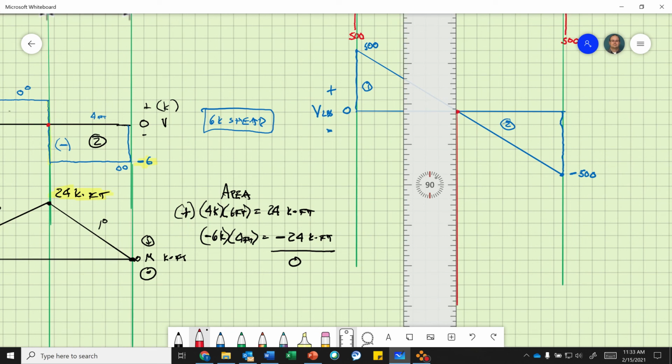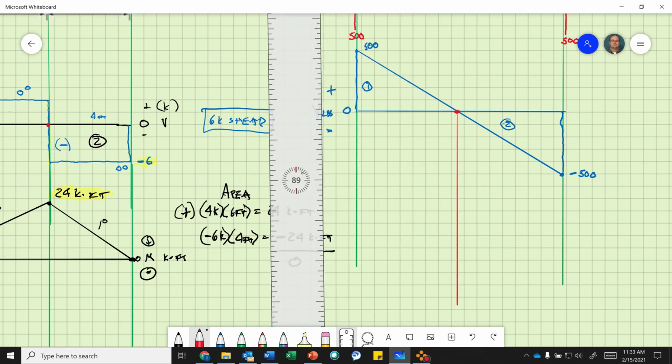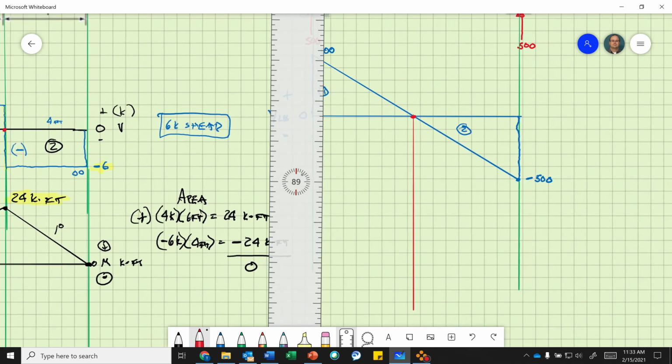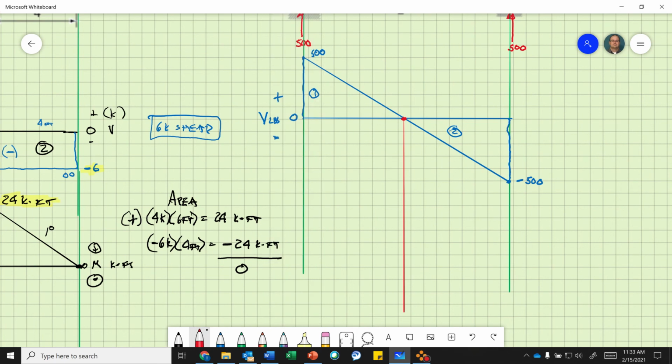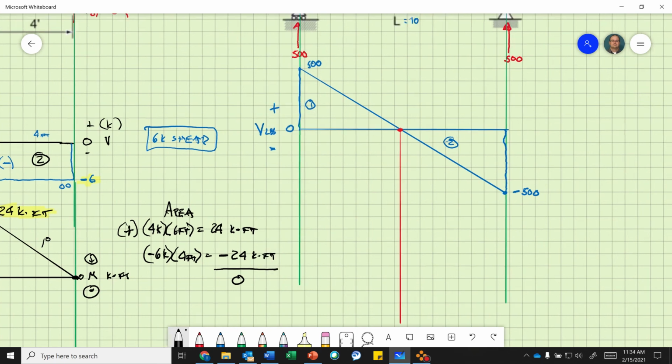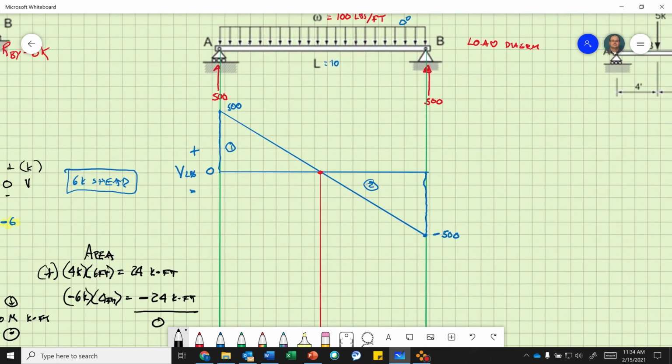Okay. All right. So how do I find point of 0 shear? So I'm going to slide this over. Number the original 0 shear.